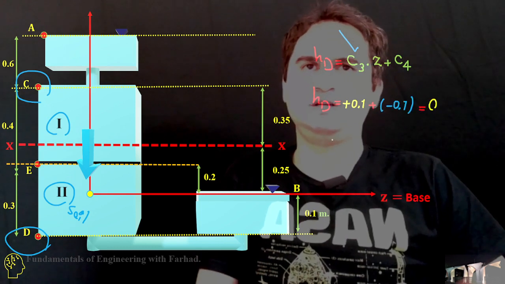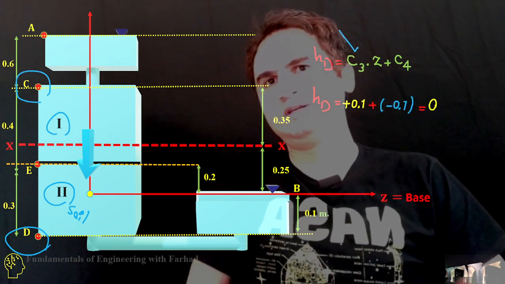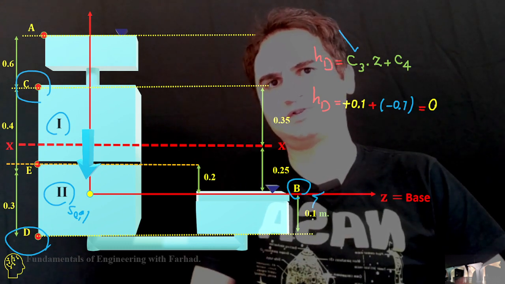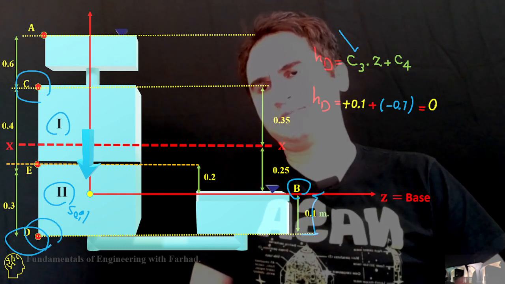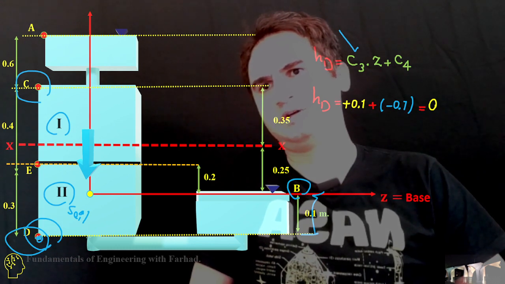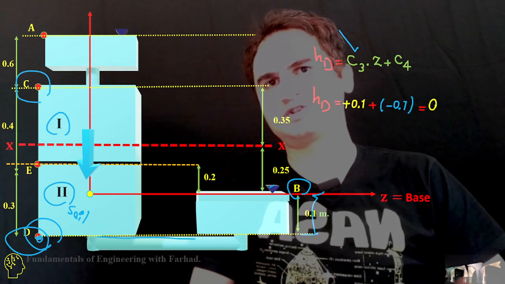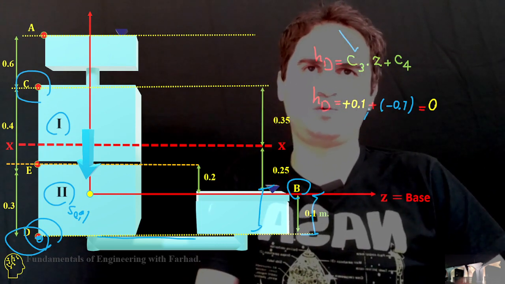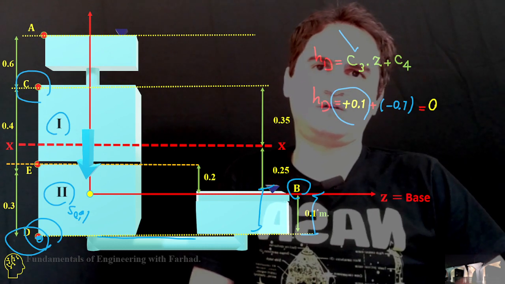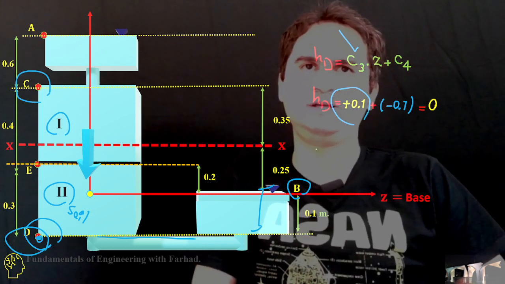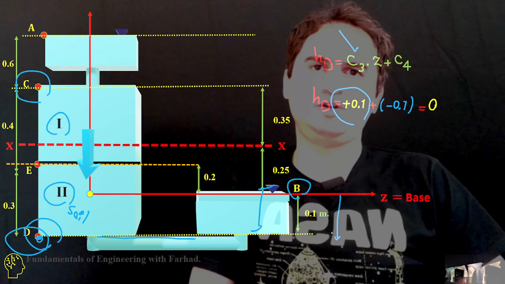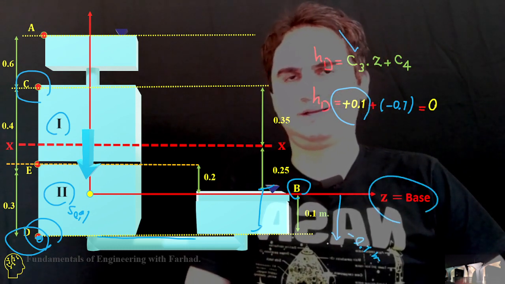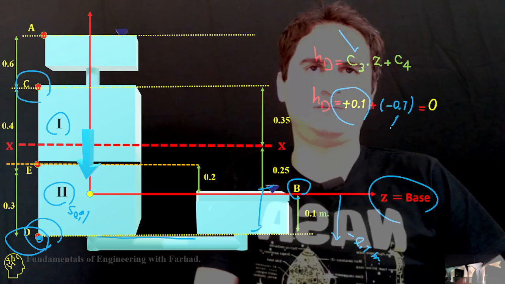So HD, if you look at point D in comparison to B, there is this much amount of water on top of point D. If you want to measure it, easily go here and measure it with the height of water from the lower part, and it gives you 0.1 meters of water head on top of point D. And also from the datum, you need to climb down the same amount of height. This time that's for our datum.